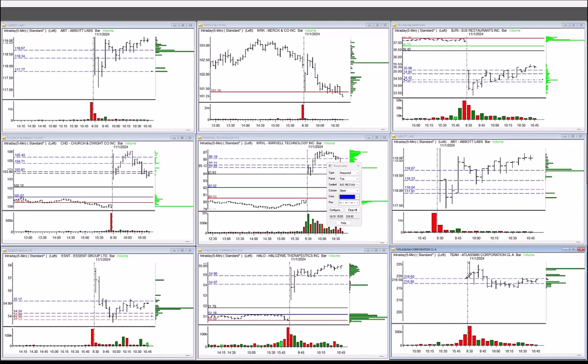So what you want to do is really evaluate where you are in terms of what's going on. And even when you get into this bar here that filled, we got the 219 trigger, your fill was actually at 219.55.